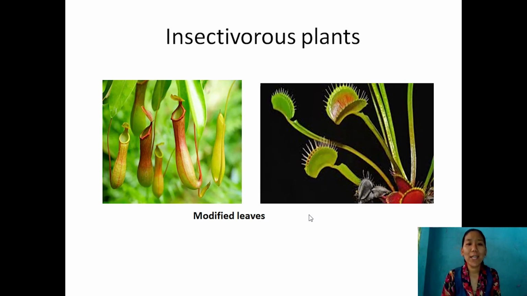Again here, it is the leaves which are modified to form various structures to trap the insects. This is a pitcher plant, and the pitcher plant body is a modified leaf. Likewise, the Venus flytrap is also a modified leaf.